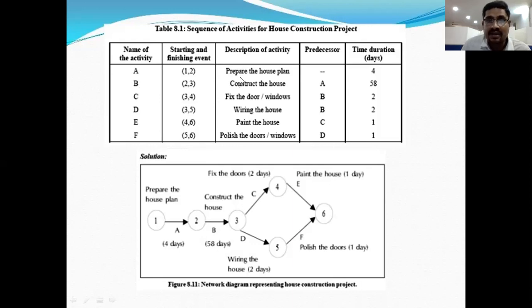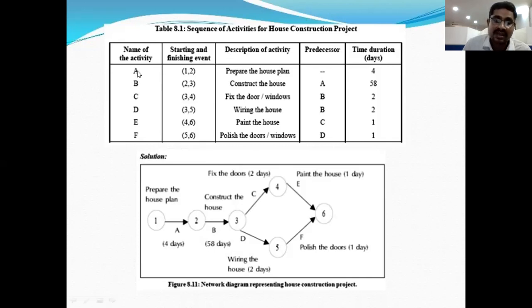That's the example here. If the house plan is prepared and house planning is completed, then only will we construct the house based upon the plan, right? This is called the preceding activity. If we should perform B, then we should assure A is completed.